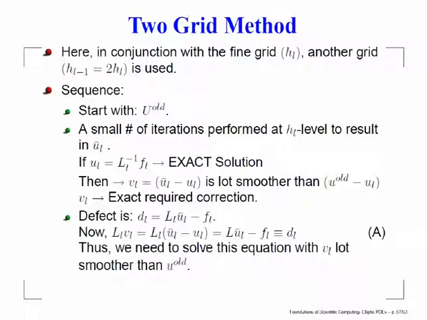So VL itself is UL bar minus UL. So that is nothing but a defect. Now we need to solve this equation for VL with a defect which is a lot smoother than what we had corresponding to U1.